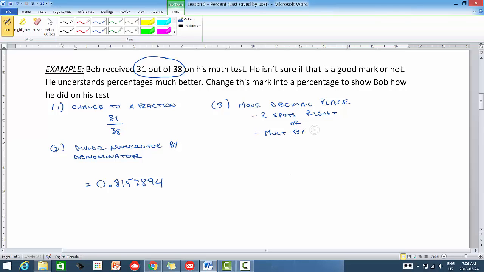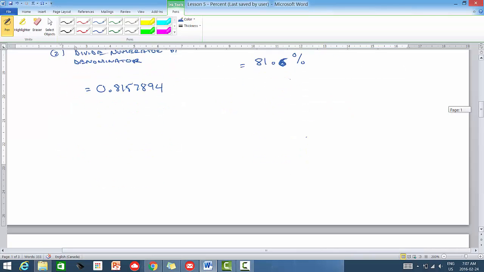And when you do that, you end up with 81.5%, or 81.6% if we round up. In your answer, I'm happy for you to do one decimal place within the percentage. So overall, therefore, Bob received 81.6% on his test.